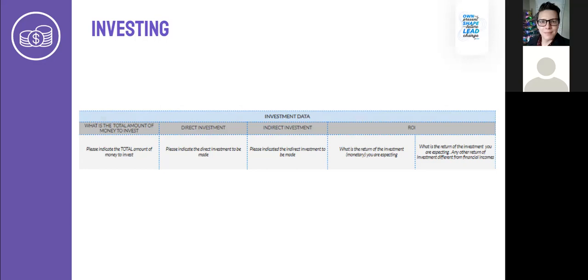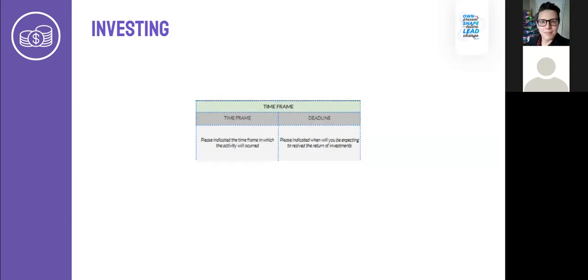We are still going to calculate it, just that we're also going to place another criterion parallel to the monetary one, so we can check if the investment was a success or not. Depending on the area, the second return of investment can be opens, new membership, or new contacts. It will depend on the area that you are investing in.